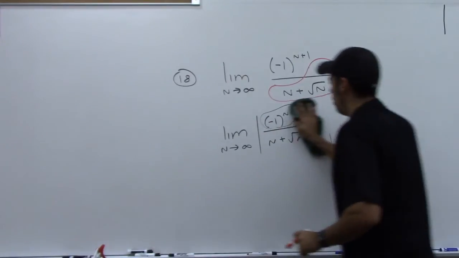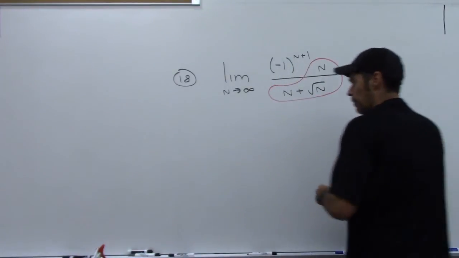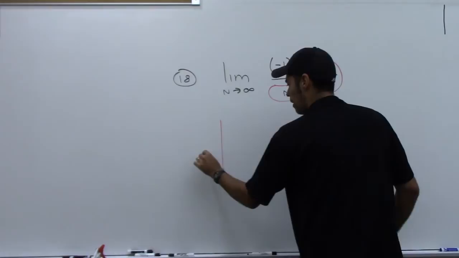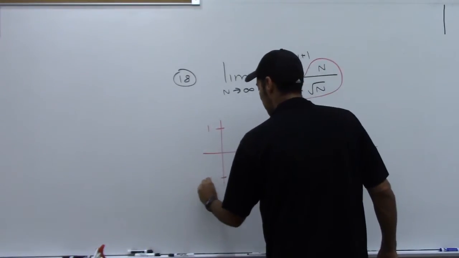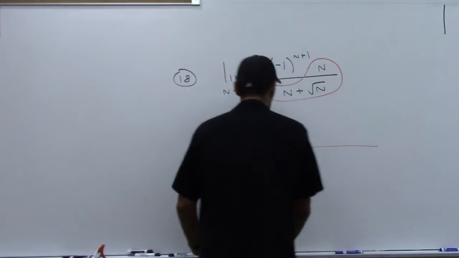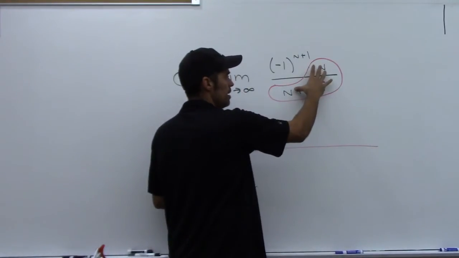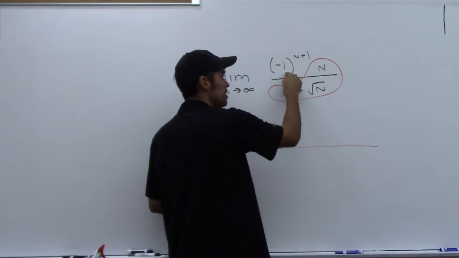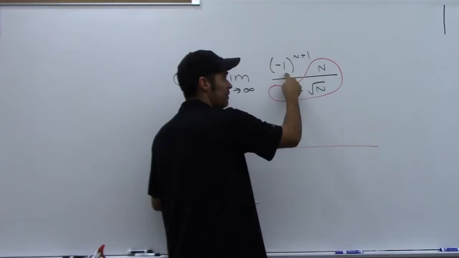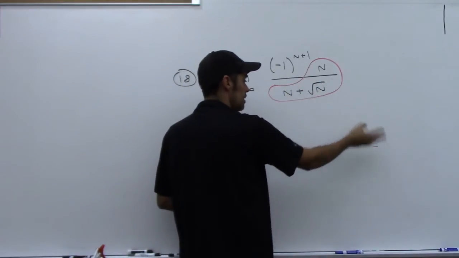So let me try and draw a picture of what's happening in this sequence. If this is 1 and this is -1, as I go out further and further, this piece right here is going to try and force this ratio to be a 1. But this is going to switch it back and forth between positive and negative. So it's getting closer to 1, then -1, then 1, then -1.